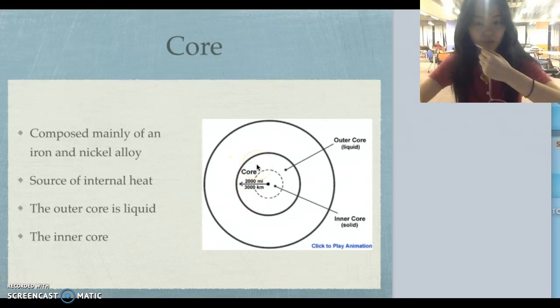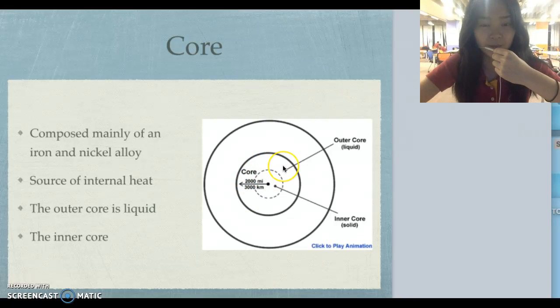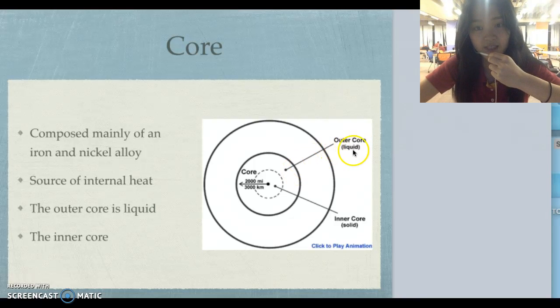In the inner core, the temperature is very high, but it's completely solid because of the high pressure. The outer core has a lower temperature, but still very high, and it's not that solid. It's kind of like liquid, molten.